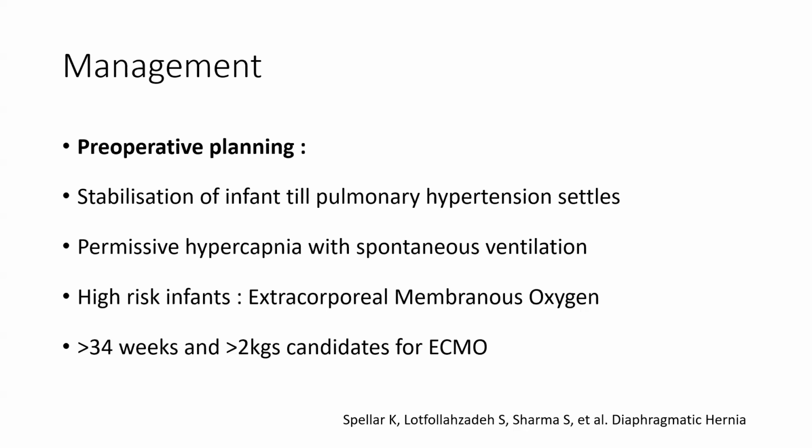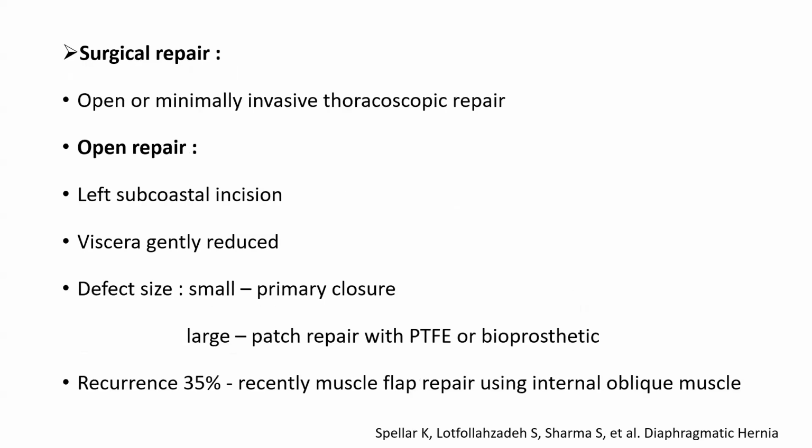Continue. And repair may be performed via open or minimally invasive procedures. The most commonly employed method is open, that is the trans-abdominal approach. In the open technique, the most common approach for a left-sided hernia is through a left subcostal incision.